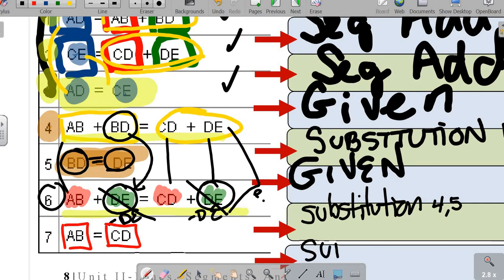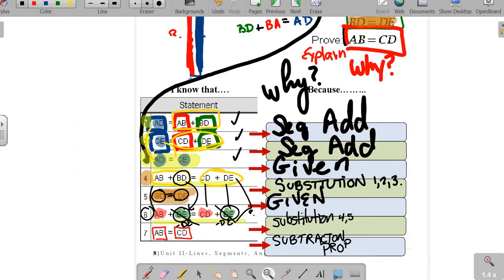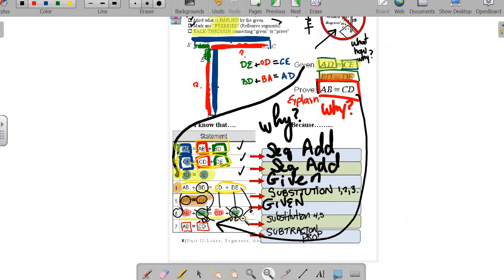That is the subtraction property. Congratulations, you just finished your first geometric proof. We have mathematically proven that those red pieces, AB and CD, are mathematically the same distance. That is called a geometric proof.